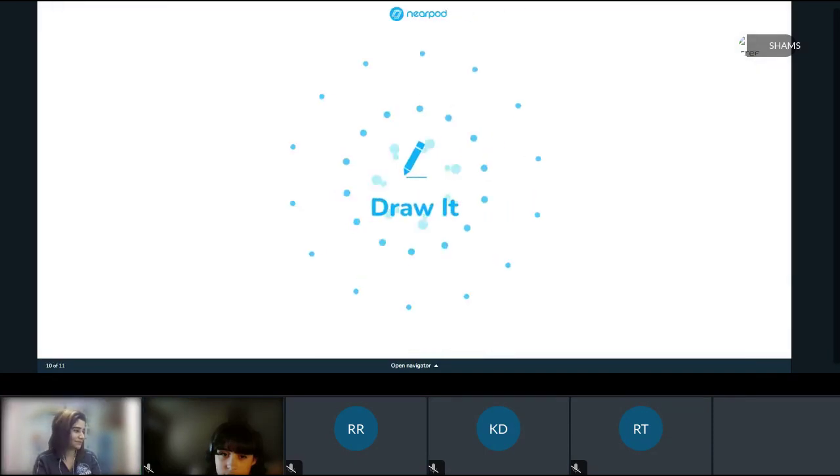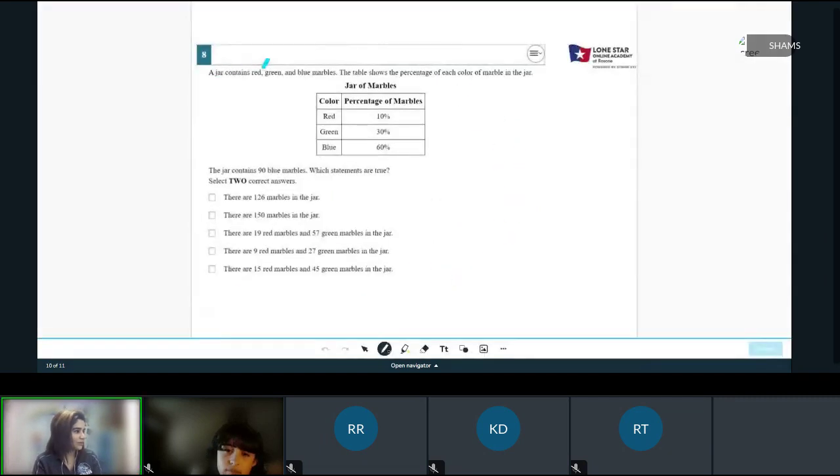Question 8. A jar contains red, green and blue marbles. The table shows the percentage of each color of marbles. The jar contains 90 blue marbles. So there are 90 blue marbles. Can you work your way out to figure out the other numbers?